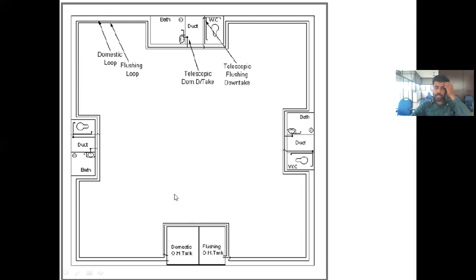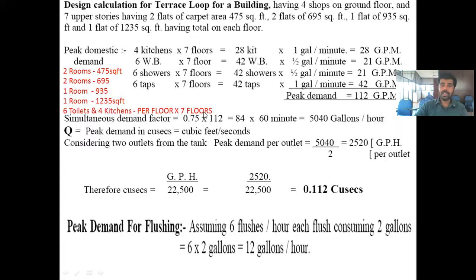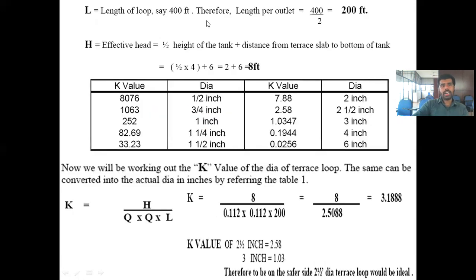Okay, 400 feet. So you can measure it in your project. So always it won't be 400, it can be 500 or it can be 200, it depends. Correct. So for example, as we are dealing with a problem, let the length of the loop be, for example, 400.